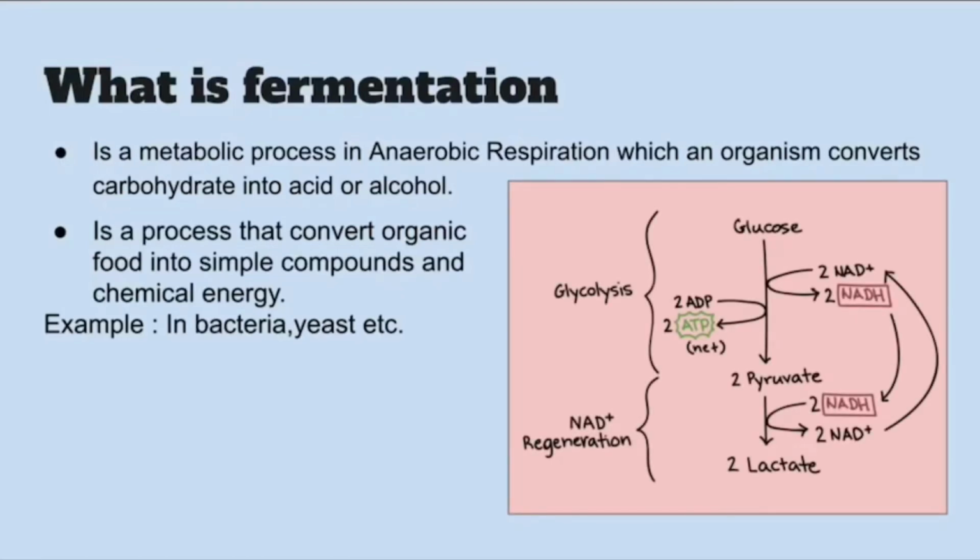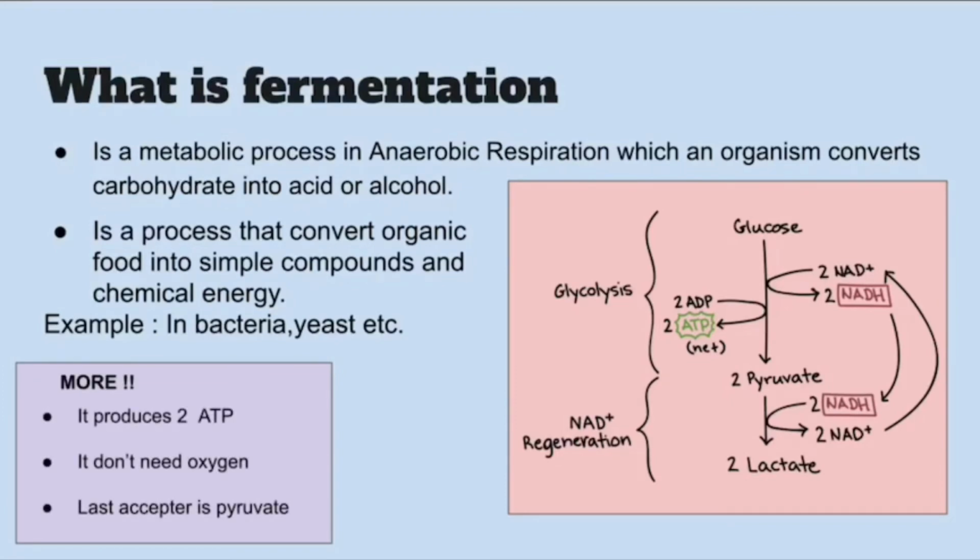This picture below shows an example of the fermentation cycle. And this is more information. The fermentation cycle produces 2 ATP, it doesn't need oxygen, and the last acceptor is pyruvate.